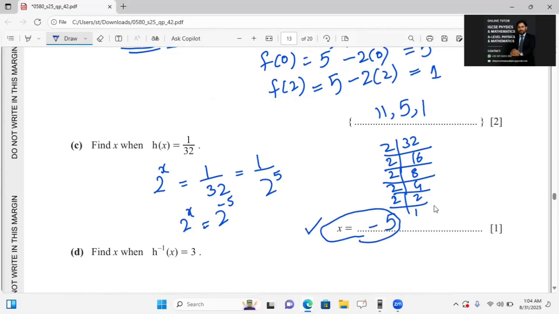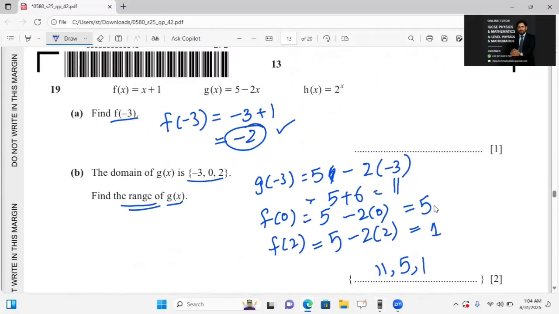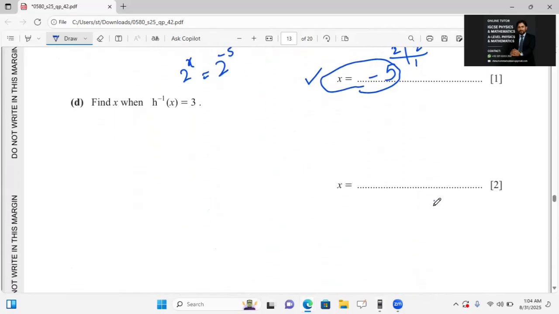After that, h inverse of x is equal to 3. So we will have to go for h inverse of x. h of x is equal to 2 power x. Let's see how to calculate it. First of all, take y is equal to 2 power x.